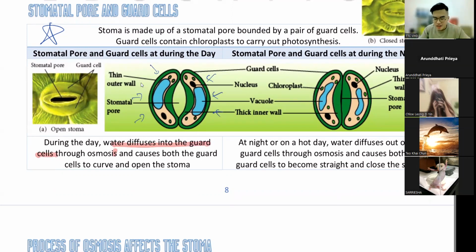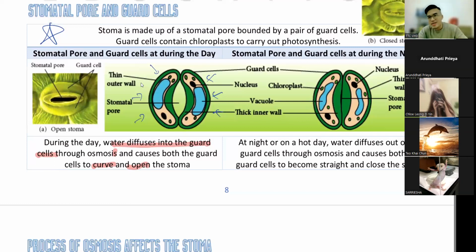When water goes in, the guard cell will swell. When they swell, they will curve. When they curve, they will open. So water diffuses in, curve, open.